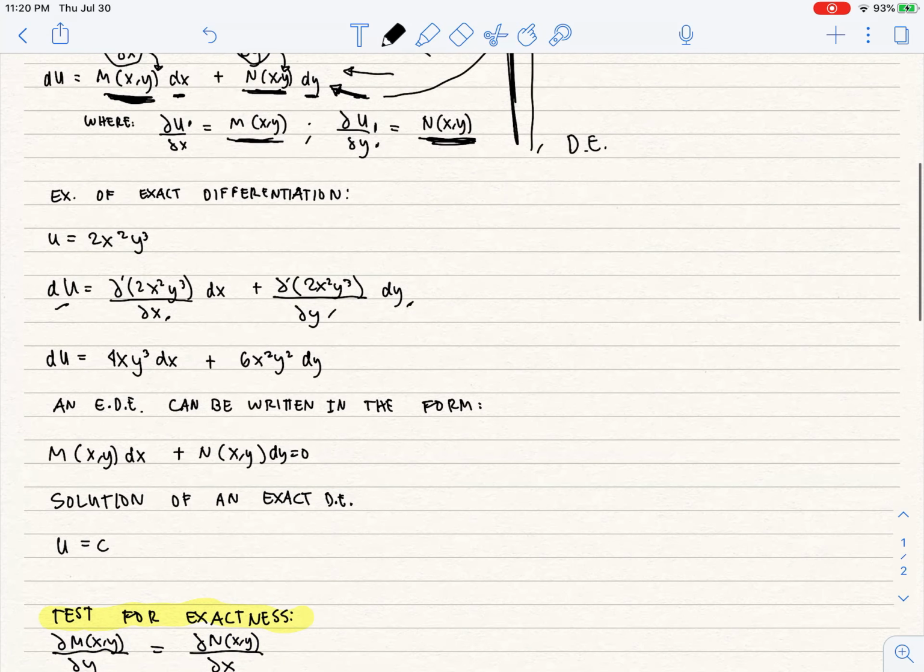Therefore, du is equal to the partial derivative of 2x squared y cubed with respect to x.